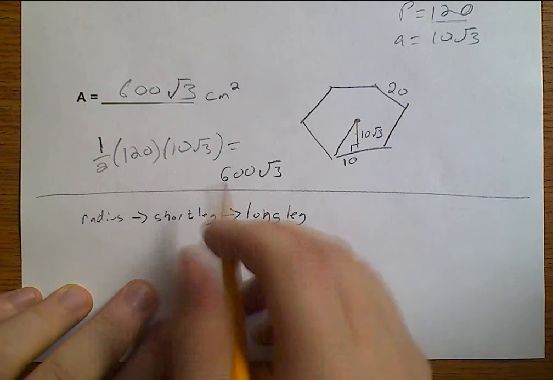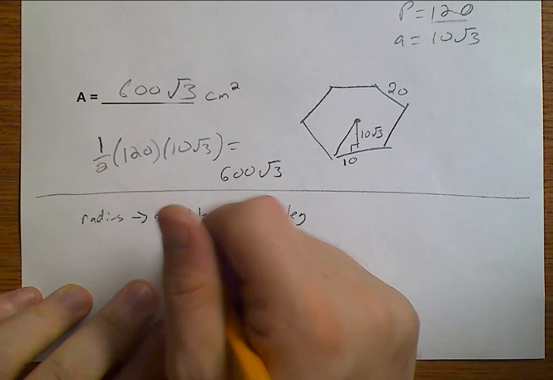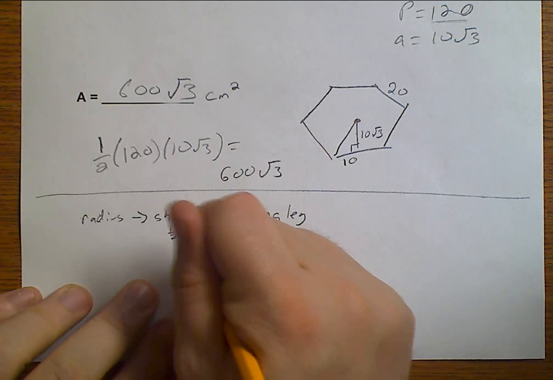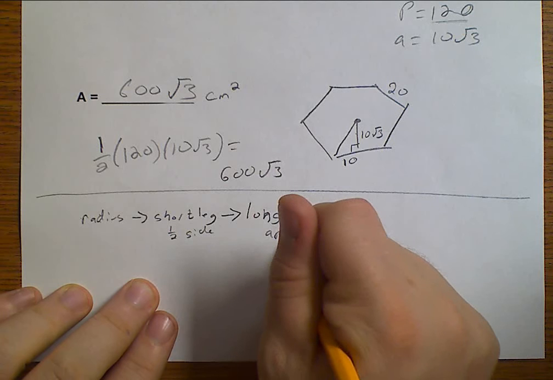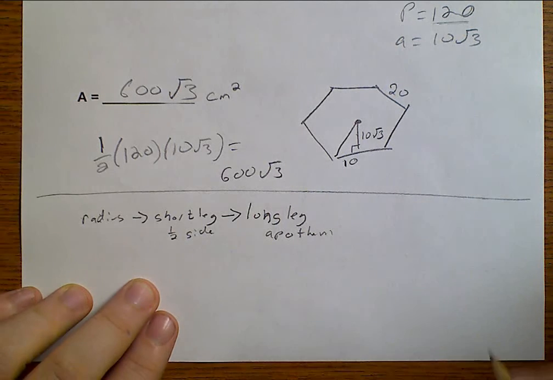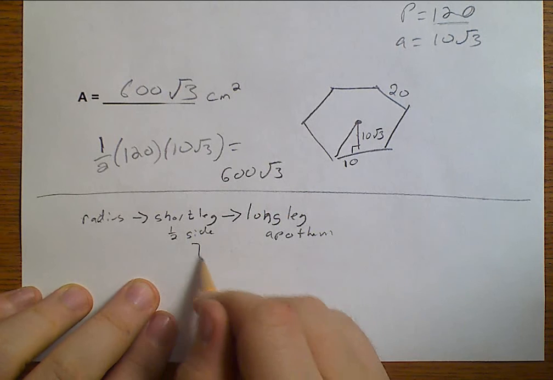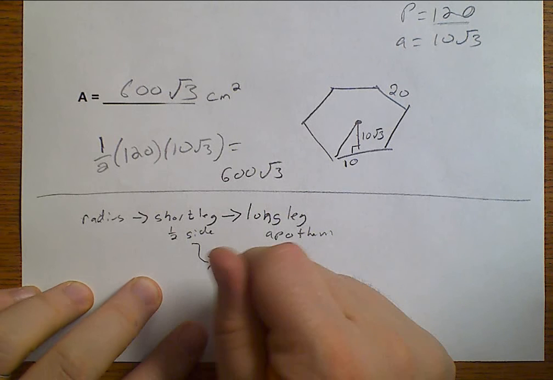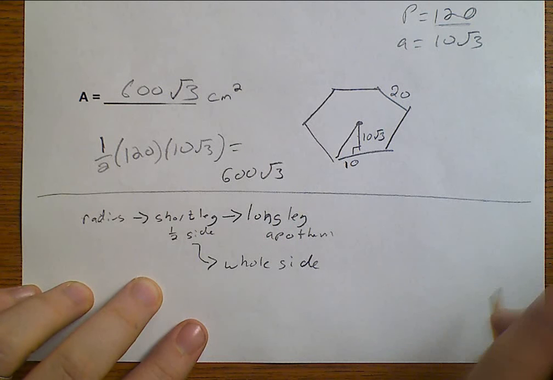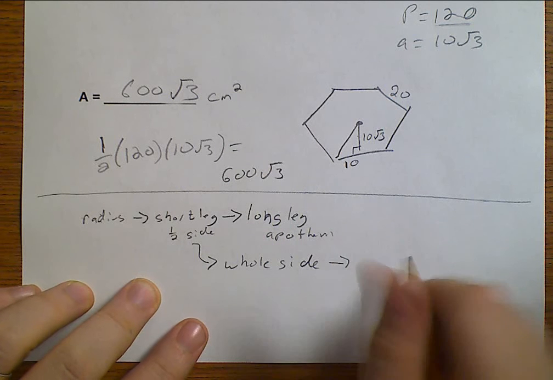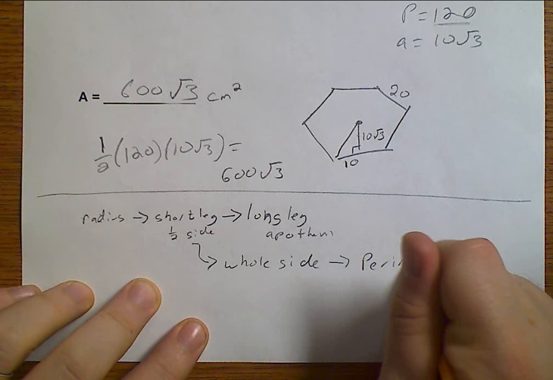And here the short leg happens to be 1/2 the side, and the long leg happens to be the apothem. Now once we know half the side, we use that to find the whole side. And we can use the whole side to find the perimeter.